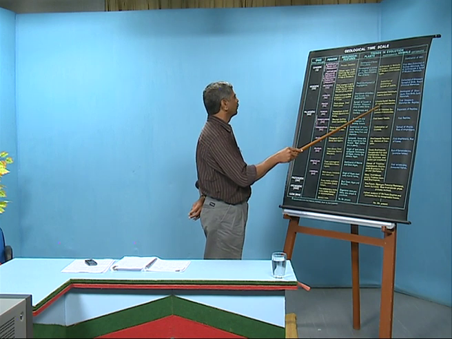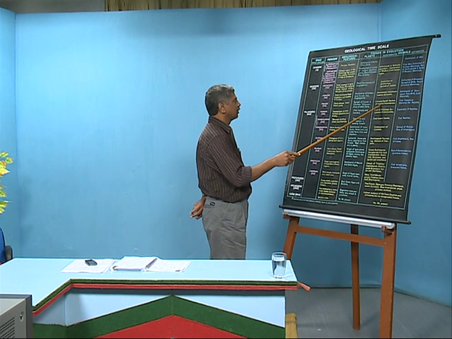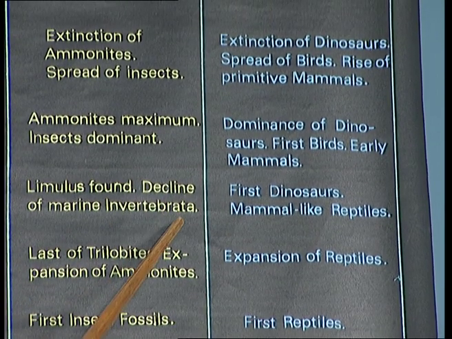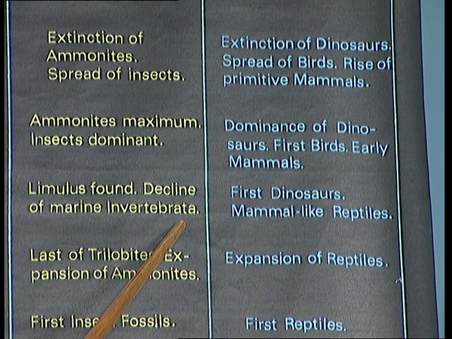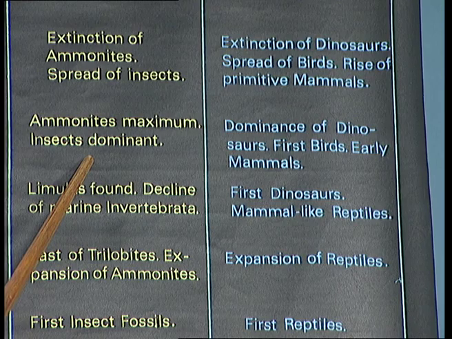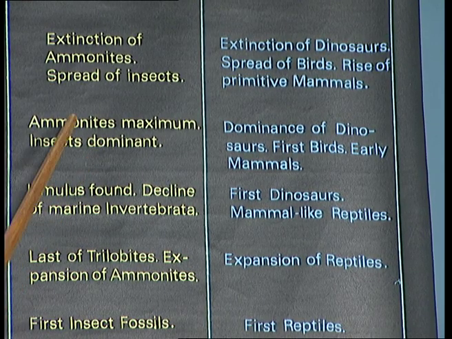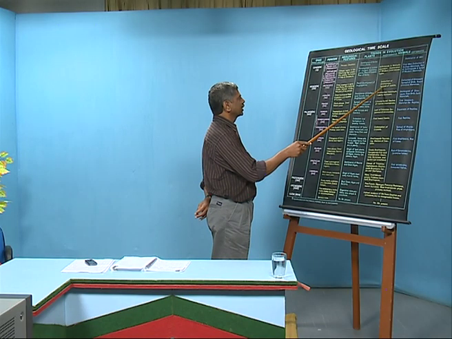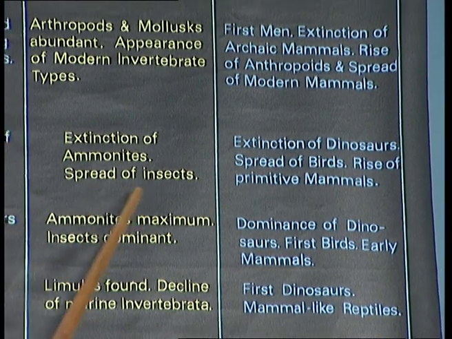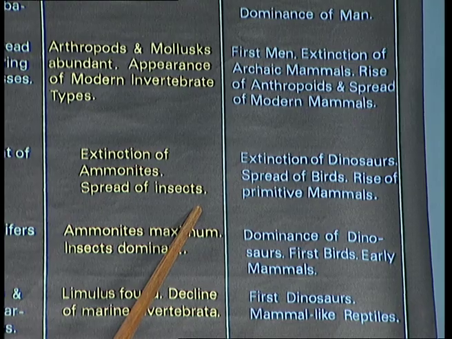Then in Mesozoic times, the Triassic period, the decline of marine invertebrates was initiated. Following that, ammonites in larger numbers and insects dominated. At the end of the Mesozoic, during the Cretaceous, all the ammonite species became extinct and the spread of insects happened.